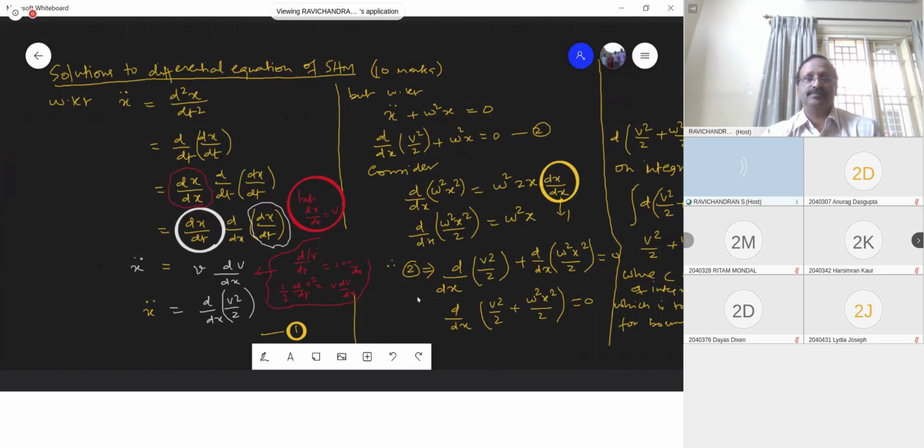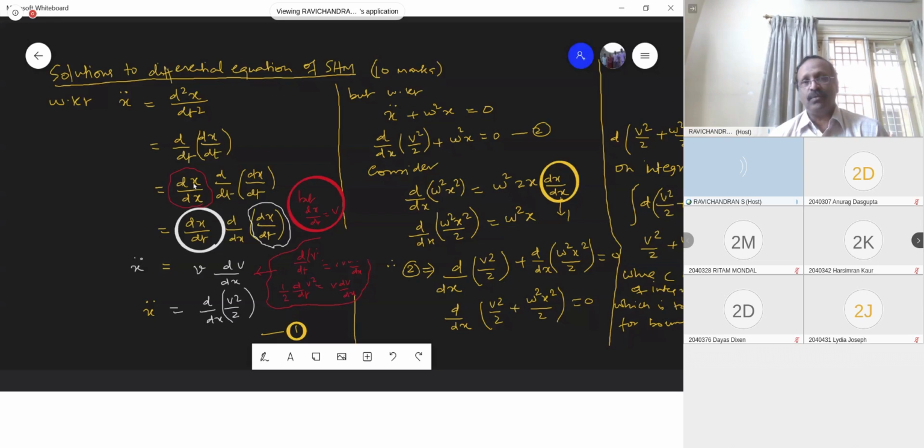Okay, look at this part. Let's take the first step, first line. X double dot is equal to d square x by dt square. All of you know this is a second order differential equation, that is d by dt of dx by dt.